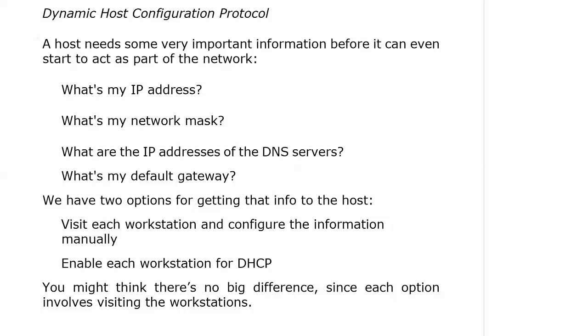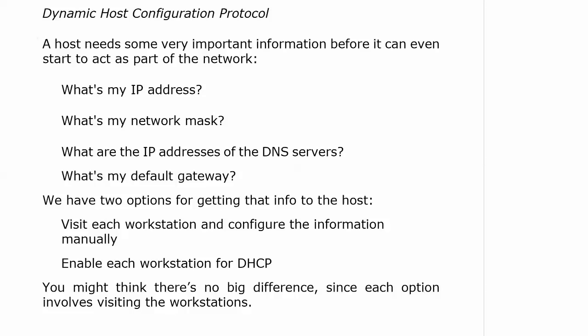This is version 4. One way or the other, though, a host needs some really important information before it can even start to act as part of the network. What's my IP address? What's my network mask? Where are the DNS servers? What's my default gateway? So we have two options for getting that information to the host, and I've done both.